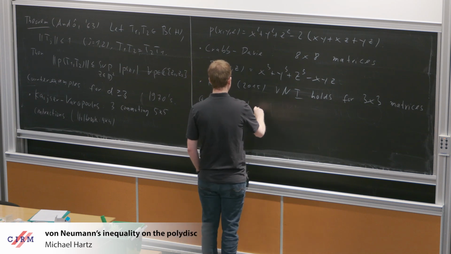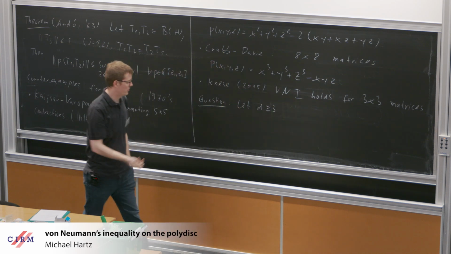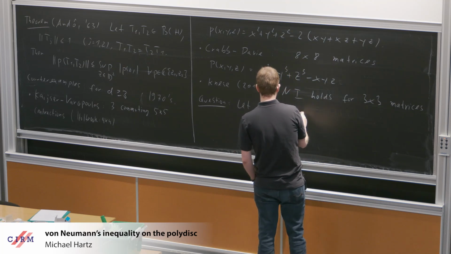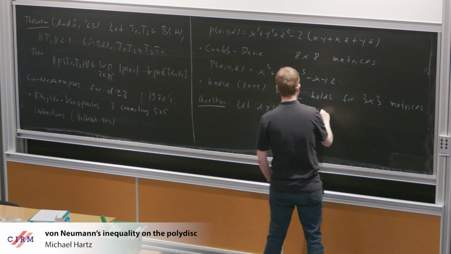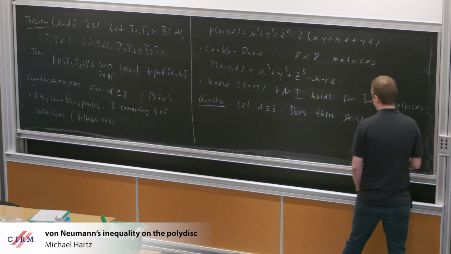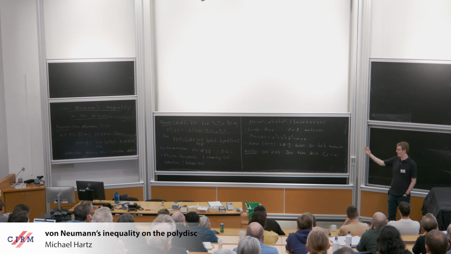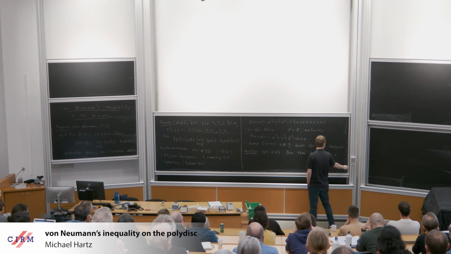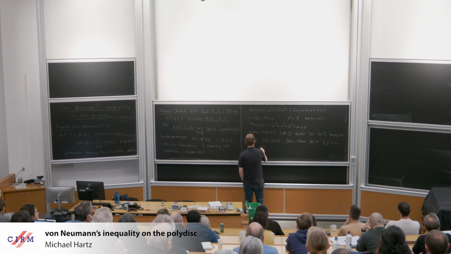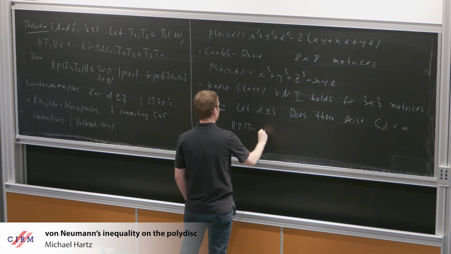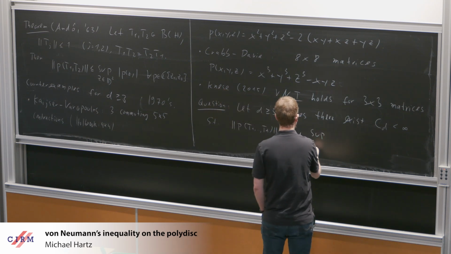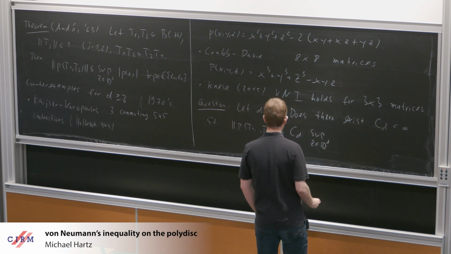suppose D is at least 3, right? So we know everything in 1 and 2 variables, at least for the purposes of this question. And then the question is, does there exist some finite constant C_D such that the von Neumann inequality in D variables holds up to this constant C_D? Such that the norm of P of T1 through TD is at most C_D times the sup norm over the polydisc.